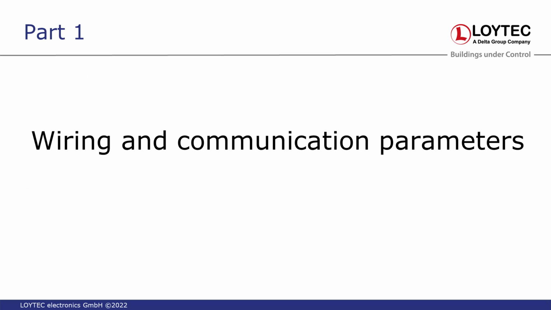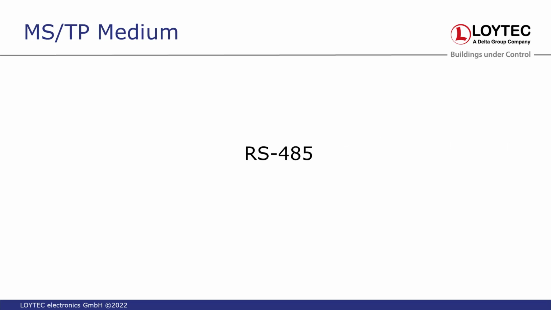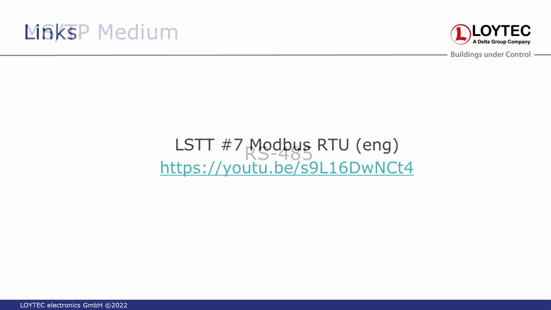Part 1. Wiring and communication parameters. The technology behind the BACnet MSTP channel is RS485. We will shortly summarize the recommended wiring. An in-depth review of the RS485 channel, where the signal form is being analyzed, can be found in the 7th episode of our LOYTEC support tech talk regarding the topic Modbus RTU in English.